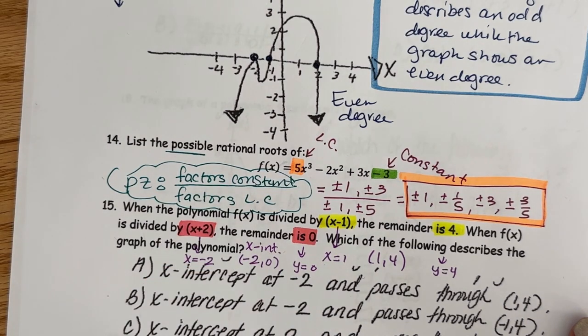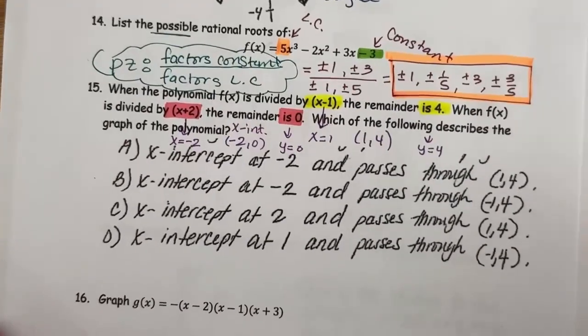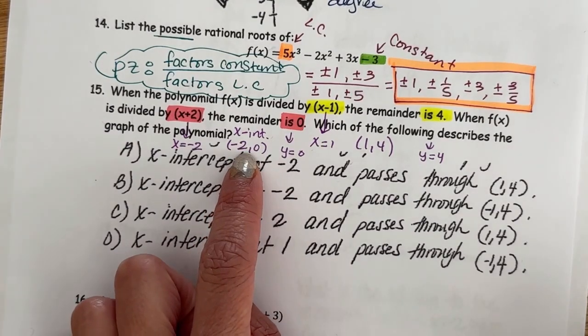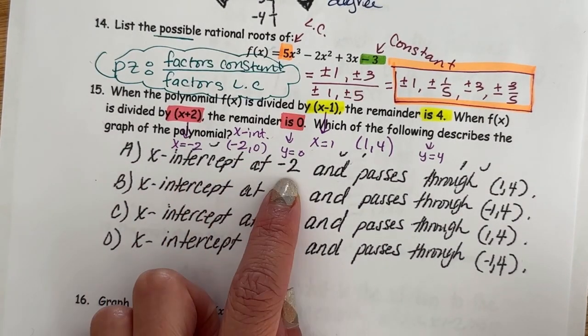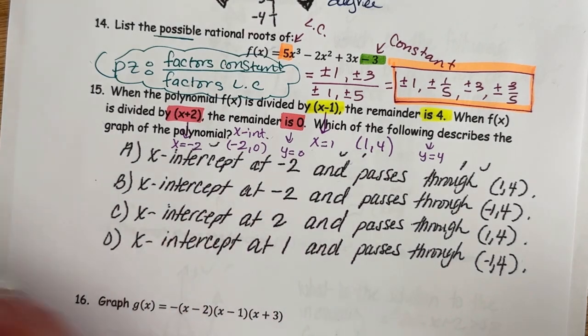X-intercept, 0, root, solution, they all mean the same thing. All right, so now that I know what I've got, I can select my answer options. We know we have an x-intercept at negative 2. So that means it can't be C, and it can't be D.